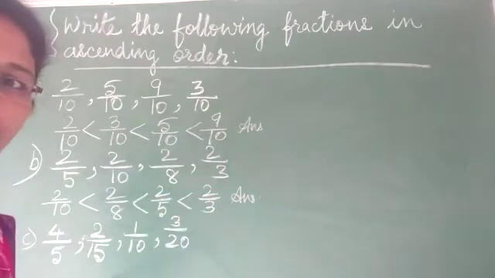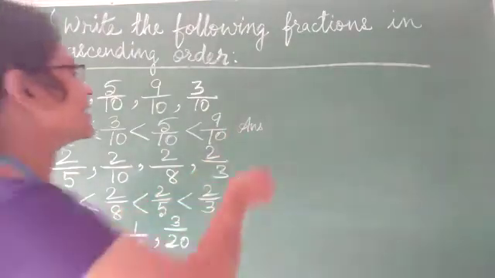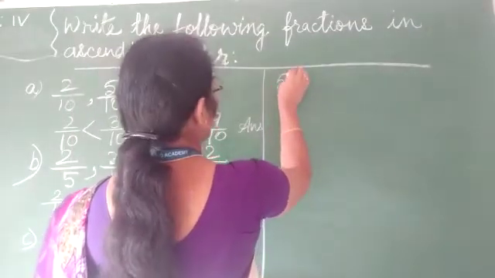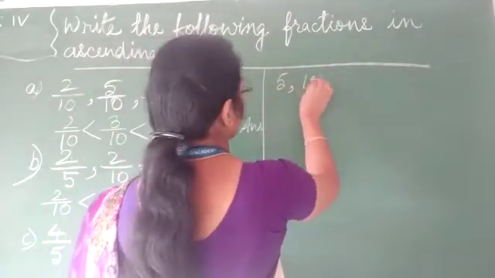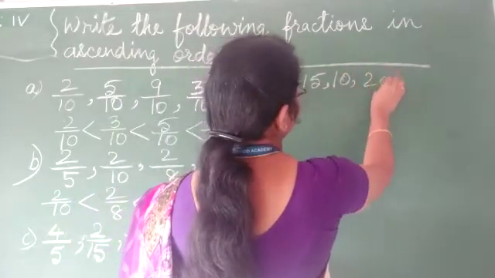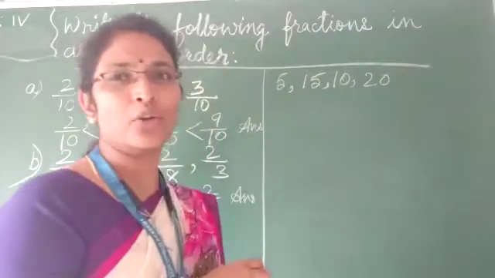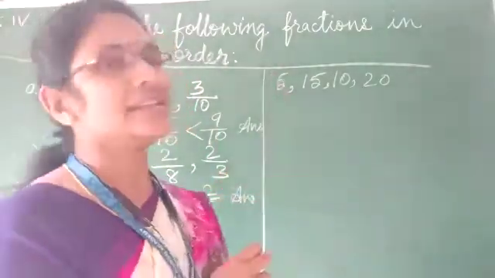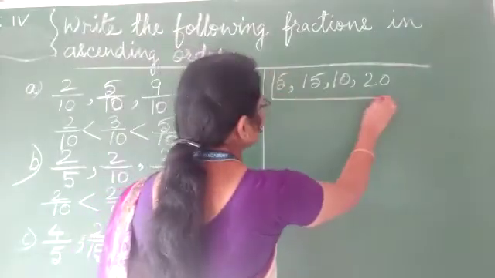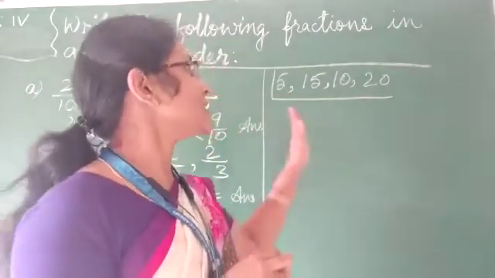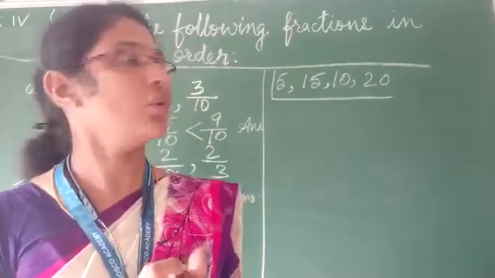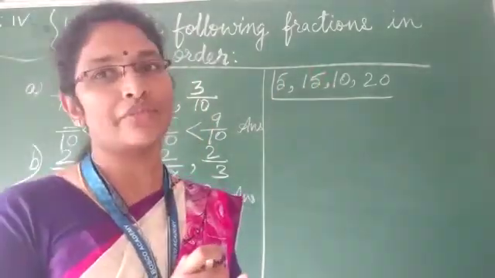Here we don't have the place, so we are going to do it at the side. 5, 15, 10 and 20. These are the denominators. We are going to find the LCM of these denominators. When you find the LCM, you have to see whether there is a common factor for at least any two of them.